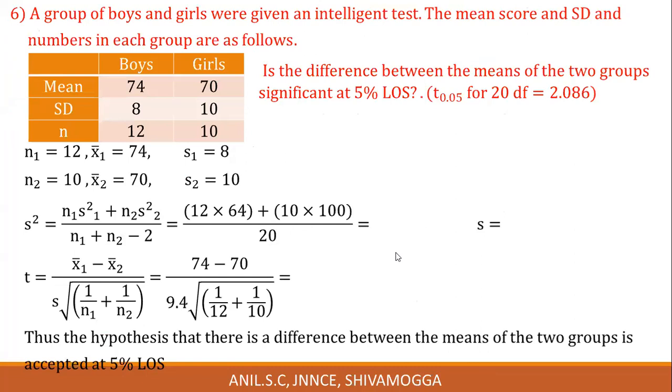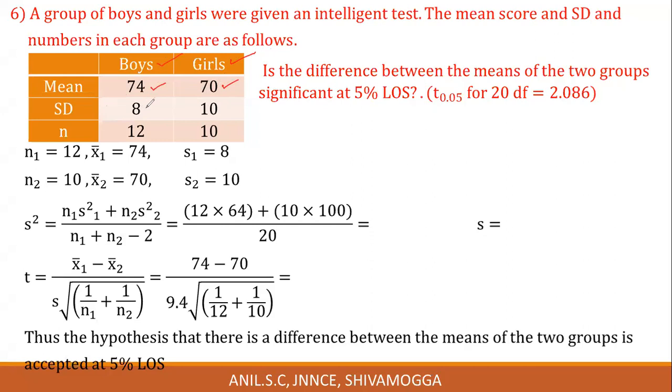Similar kind of problem, this one. A group of boys and girls were given an intelligence test. The mean score, standard deviation and number of members in each group are as follows. These are the two groups, boys and girls. Mean value 74, that is x1 bar, and x2 bar is 70.